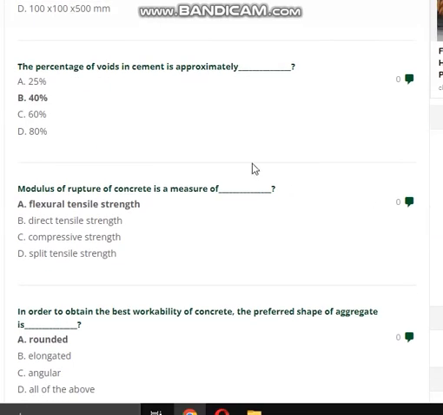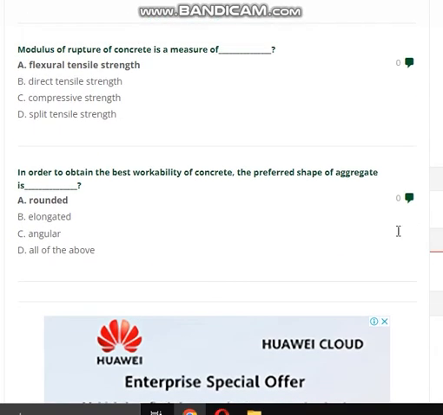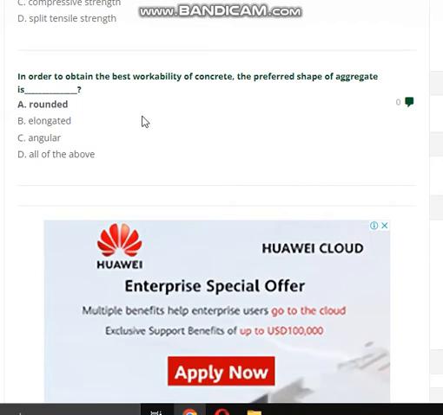The percentage of void in cement is approximately 40%. Modulus of rupture of concrete is a measure of flexural tensile strength. In order to obtain the best workability of concrete, the preferred shape of aggregate is rounded.